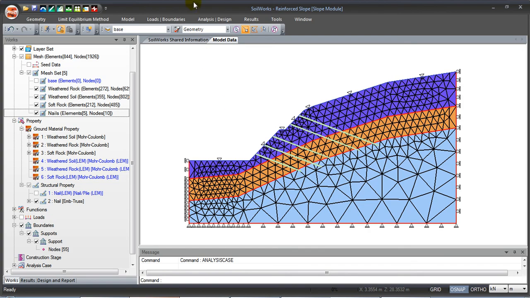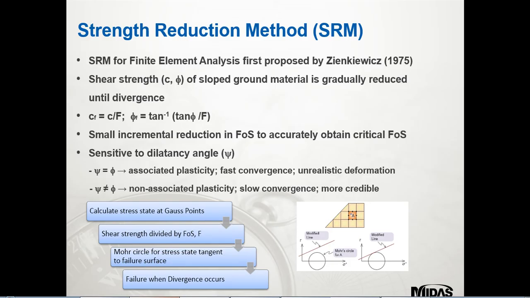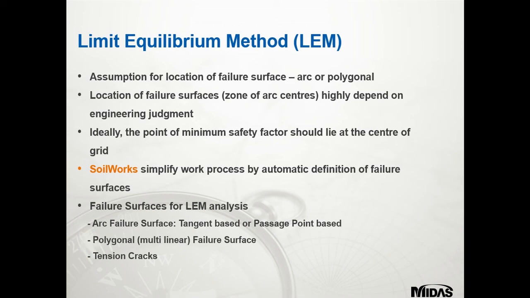So now going back into the presentation, I'm going to go on to the next slide. We talk about the limit equilibrium method, or the LEM. So this is an easy to use method where presumptions about a failure surface have to be made by the engineer, so it's down to the engineer's judgment.